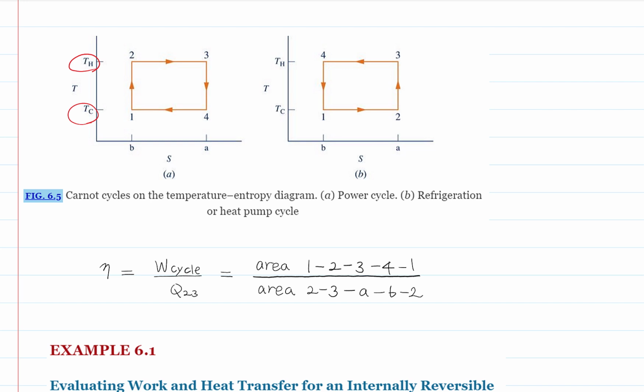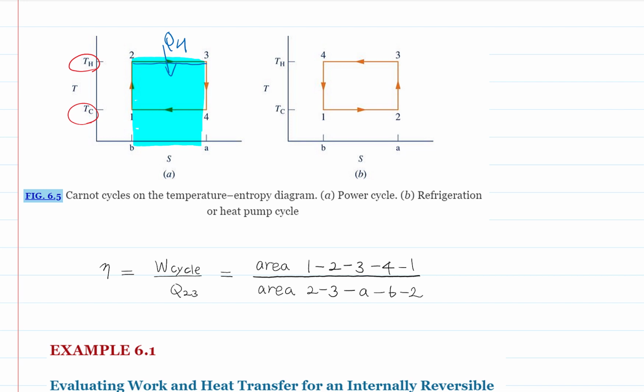Process 2-3 is a reversible isothermal process. So heat is transferred from a high temperature reservoir to the system, QH. The area under line 2-3, or area 2-3-B-A-2, represents the heat transfer to the system during the process.